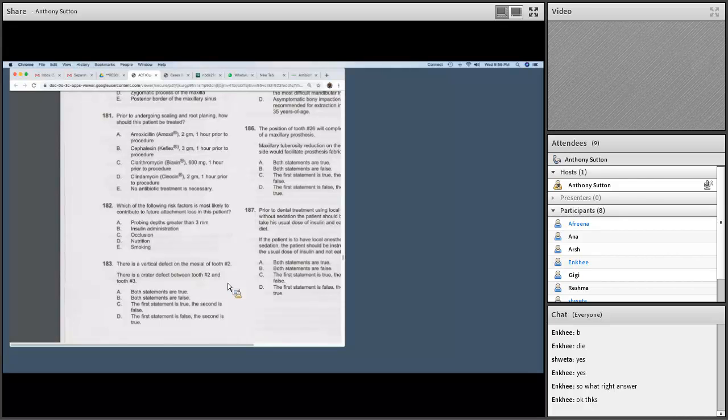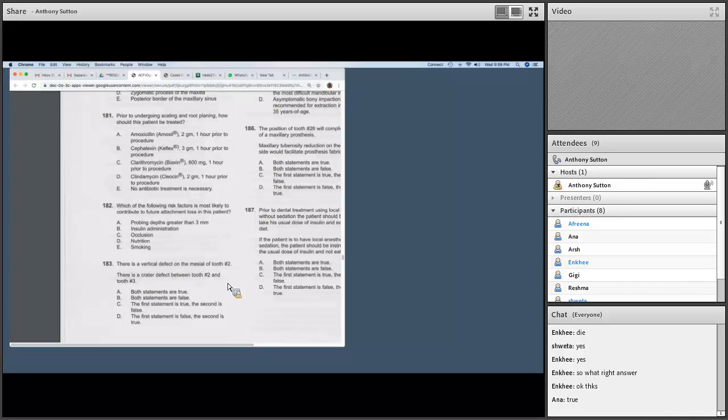All right, we'll do this one last question for today, and then we'll pick up again on Monday. There is a vertical defect on the mesial of tooth number 2. There is a crater defect between tooth number 2 and tooth number 3.